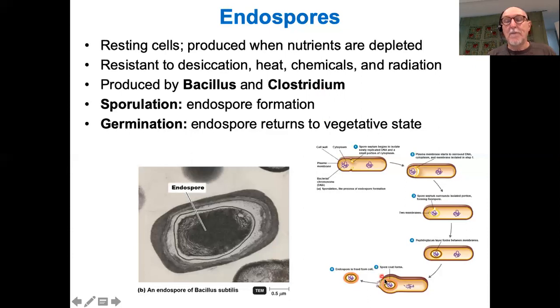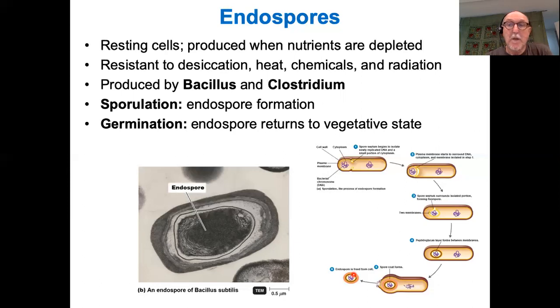First of all, the spore has just about no metabolism at all. It's metabolically virtually inert. The spores are extremely long-lived. We have recovered spores from graves that are thousands and thousands of years old and been able to culture the bacteria from them.